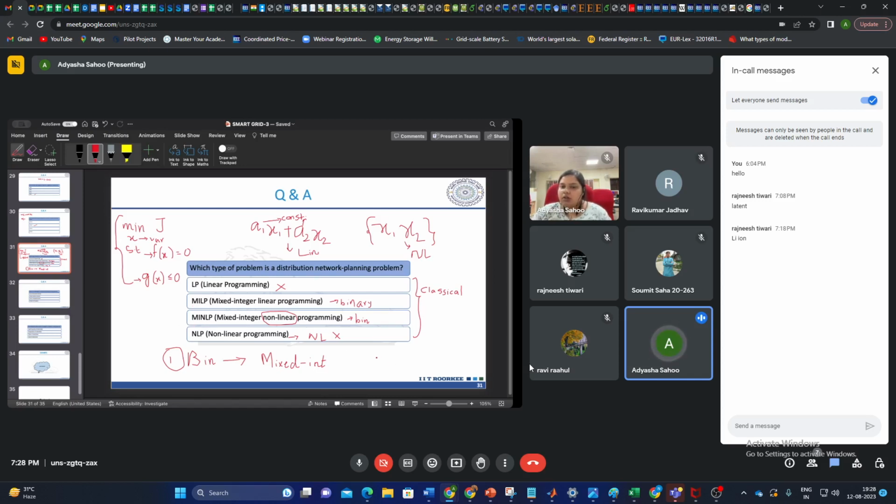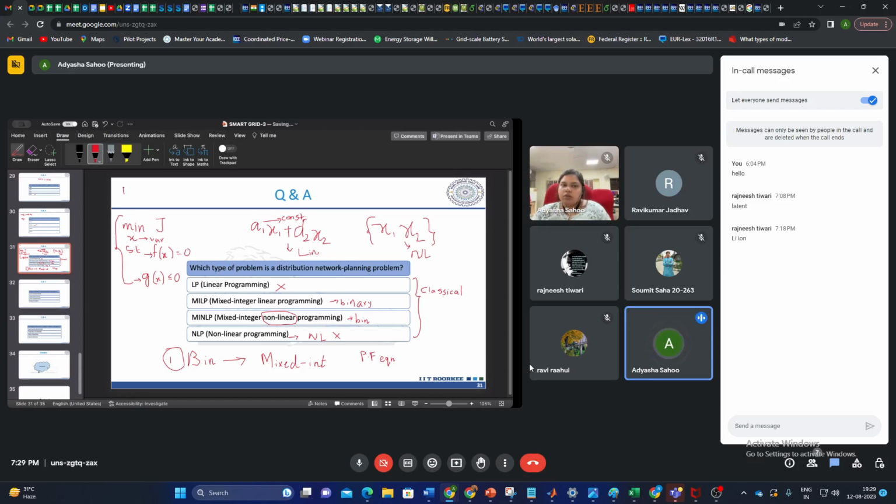So are you aware of the power flow equations of the power system? To model our distribution network planning in this constraint, we need to have active and reactive power flows.